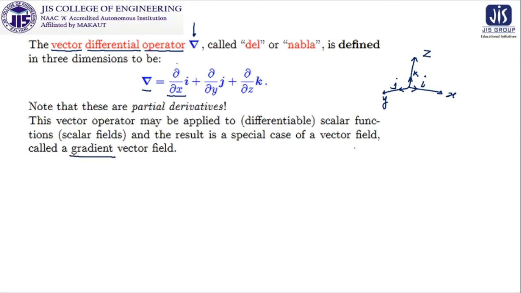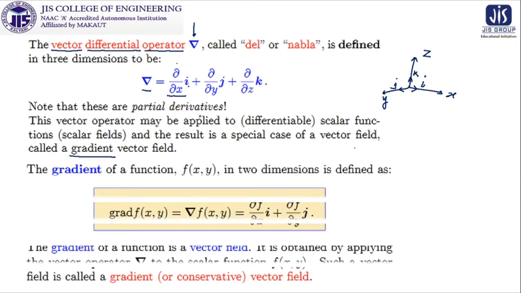So what we are doing is operating this vector operator on a scalar field or scalar function. Obviously the vector components will be present in the final result, and that is called the gradient vector field. When we solve some problems on this, it will be more clear.